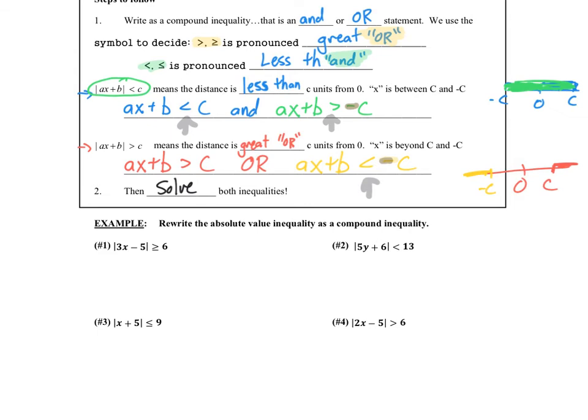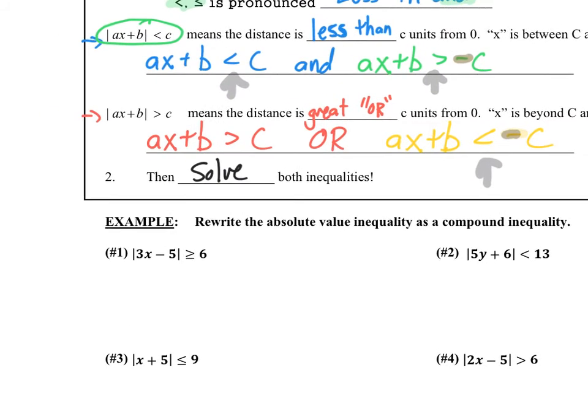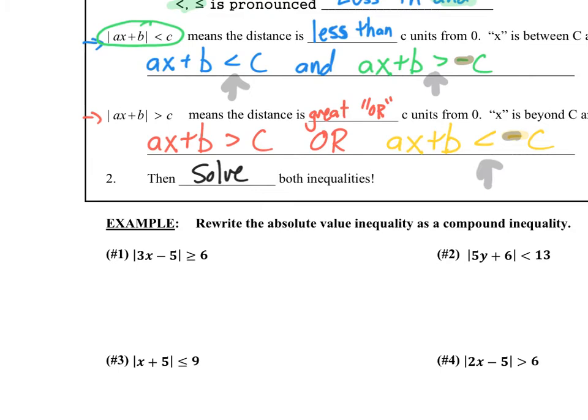Okay, so the first one says to rewrite the absolute value inequality as a compound inequality. So, number 3. Absolute value of 3x minus 5 is greater than or equal to, so this is going to be a greater or. So we use or. So the first one is get rid of the absolute value symbol and just rewrite it.